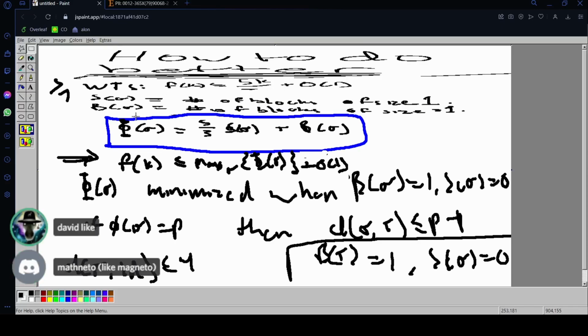Well, there can never be more than k singletons, and there can be at most k blocks. So it's pretty obvious, but I'll spell it out after cleaning this up.